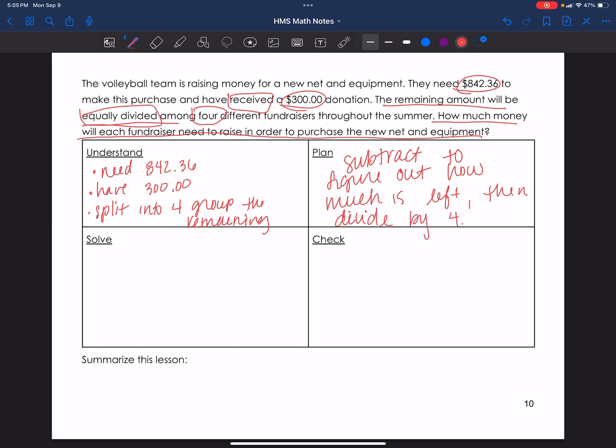There we go. Okay. All right, so I'm subtracting how much they need versus how much we've already received. So 842.36 minus 300, that should be mental math, right? Okay, so I still need to raise $542.36, but the 4 different fundraisers we're going to split equally.